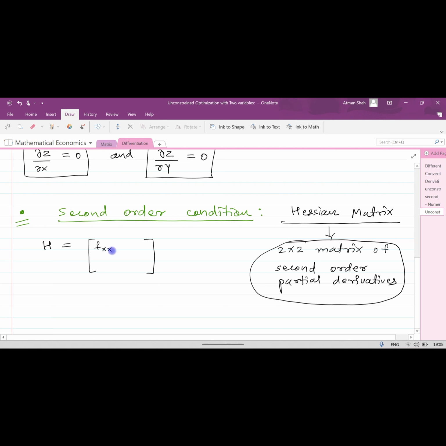First we have fxx, then fxy, fyx, fyy. This is the Hessian matrix.